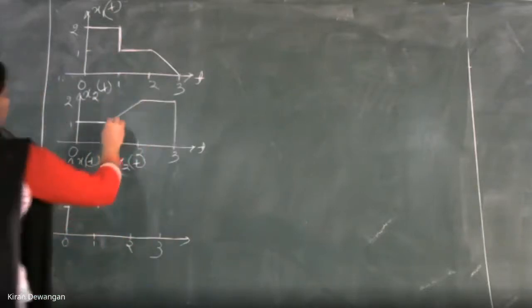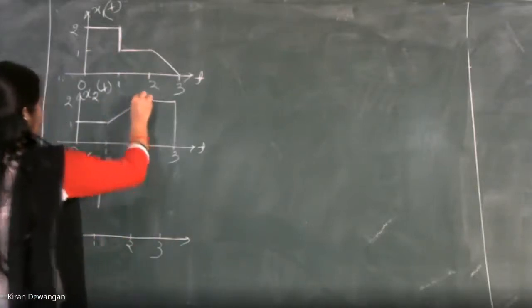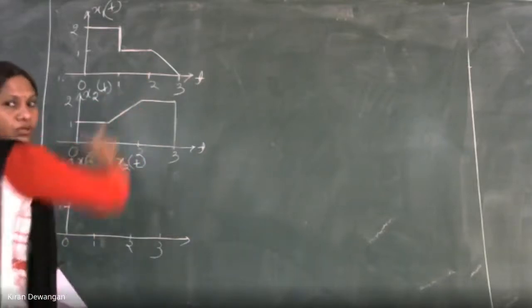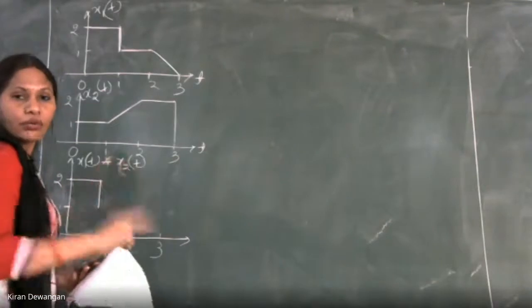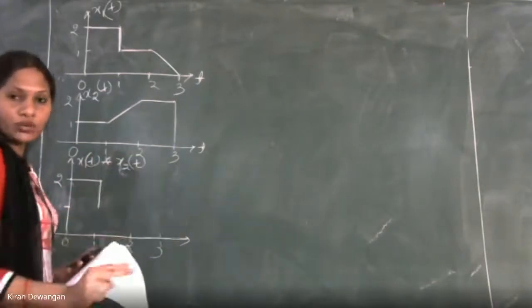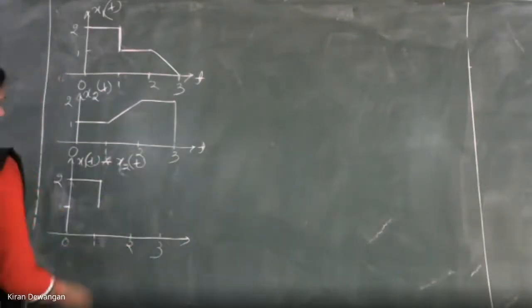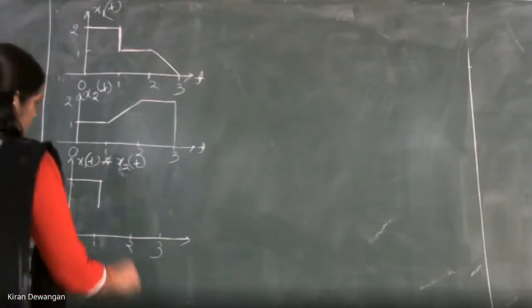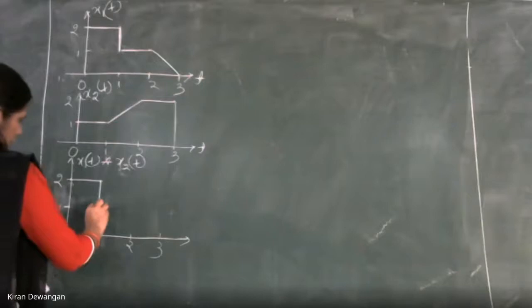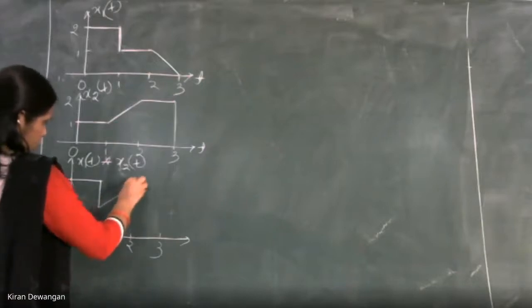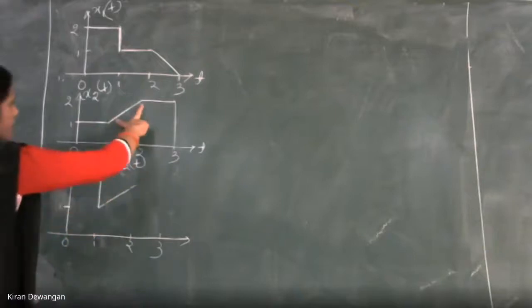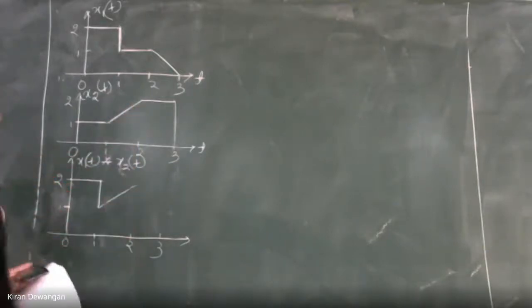But here, it's an increasing value. 1 into this value will remain the same. 1 into anything will be the same value, right? So at this point, क्या होगा, ये 1 to 2 के बीच में 1 to 2 will be a plot which is a rising plot. ठीक है, ये ऐसे ही रहेगा, ऐसे वैसे मल्टीप्लाई हो जाएगा.